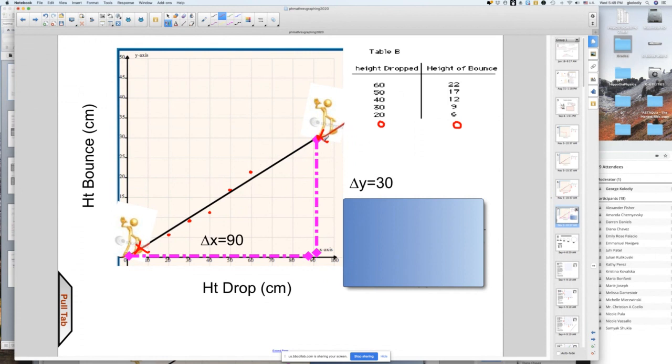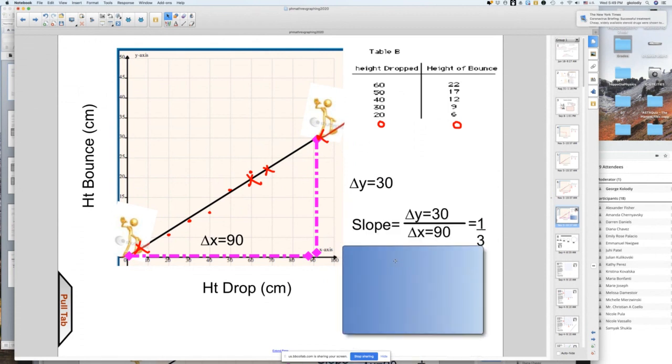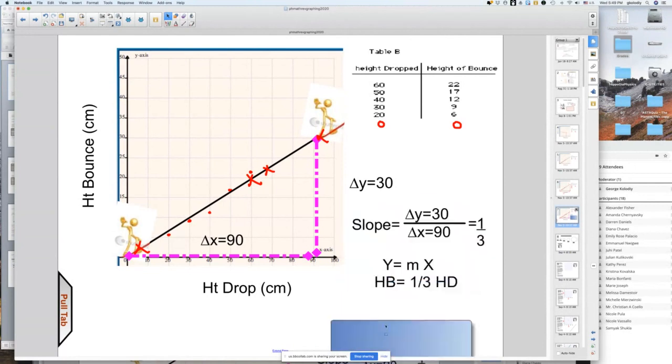Take the two points as far away as possible. Otherwise, if you take this point and this point, you're going to have to approximate what delta y is. There's going to be a big error here. The slope is delta y divided by delta x, in this case 1/3.